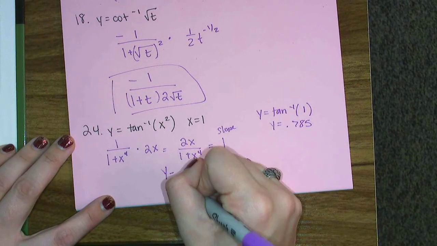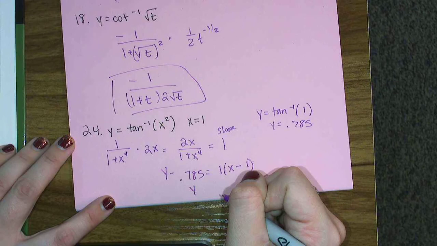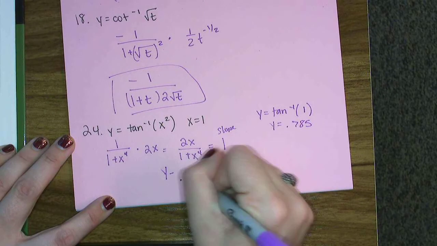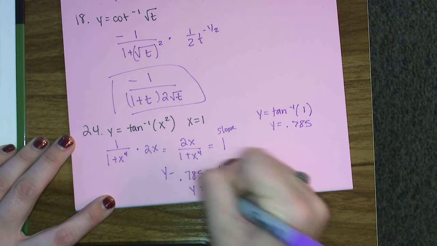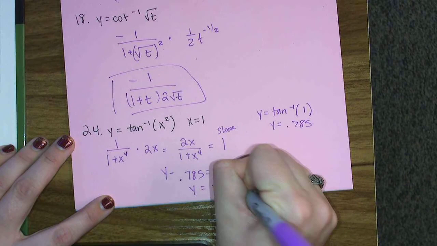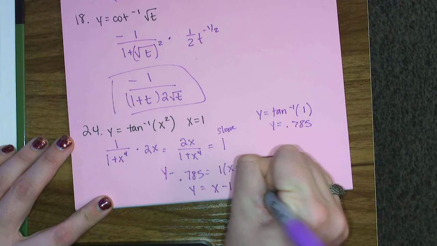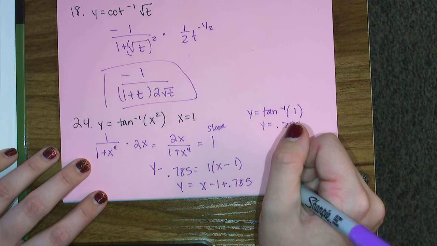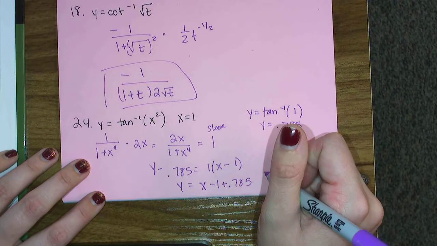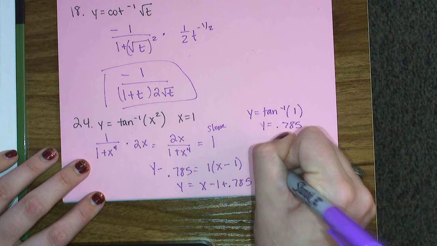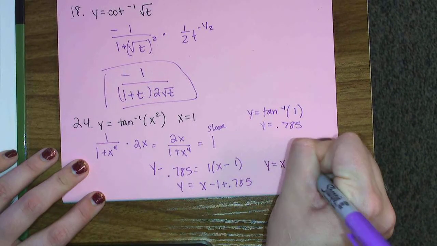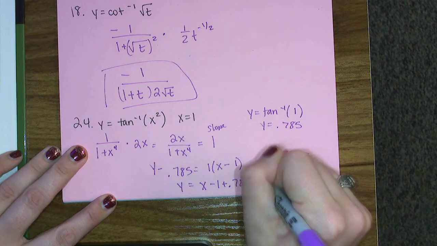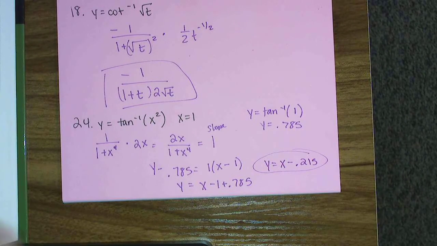So you're basically going to end up with, wait a second, yeah, that's right. y is equal to x minus 1 plus 0.785, and that would come out to be like 0.215 maybe, I think. Something around that. So basically that's all you have to do.